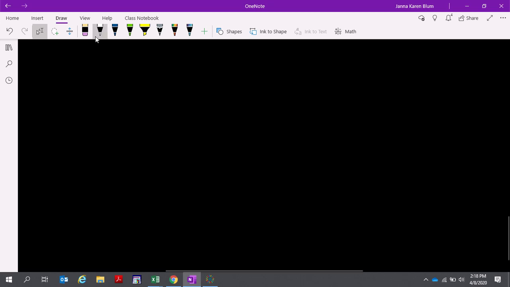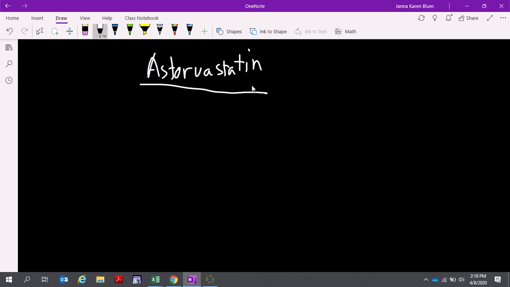I want to give one more example, and this example is based on an enzyme example and a drug molecule, atorvastatin. So atorvastatin is Lipitor.